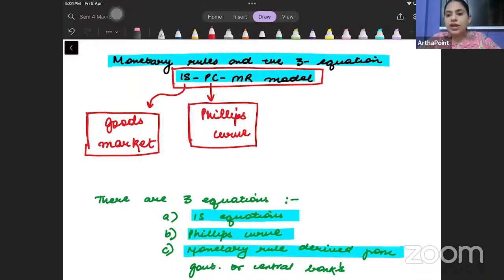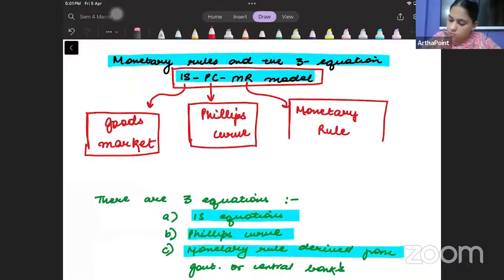And the third equation that we have is called the MR equation, माने the monetary rule equation. So in this three equation model, the three equations that we have are IS, PC and MR.